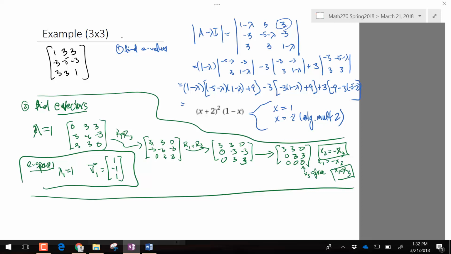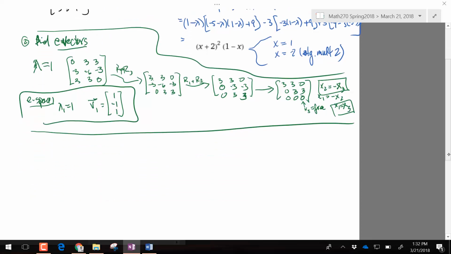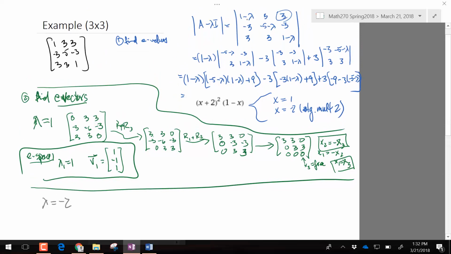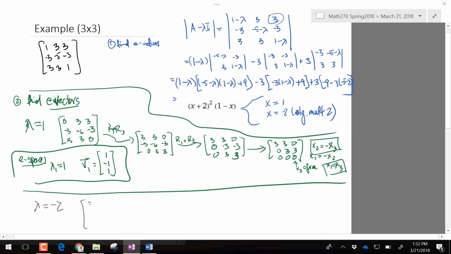All right. So our only other eigenvalue is negative 2, and I'm hoping that we will actually get 2 linearly independent vectors out of this. So let's see if that actually works out. So lambda is equal to negative 2. Our matrix is going to look like 1 minus negative 2. So that's a 3. 3. I have a negative 3.